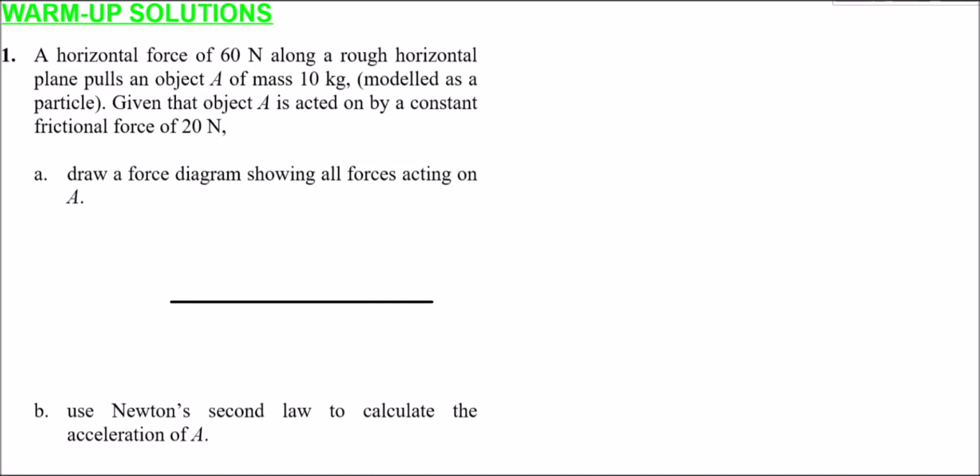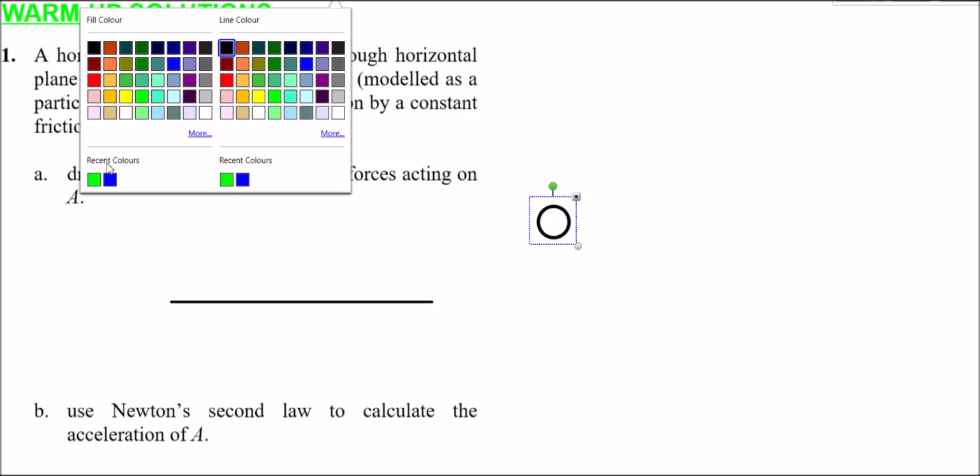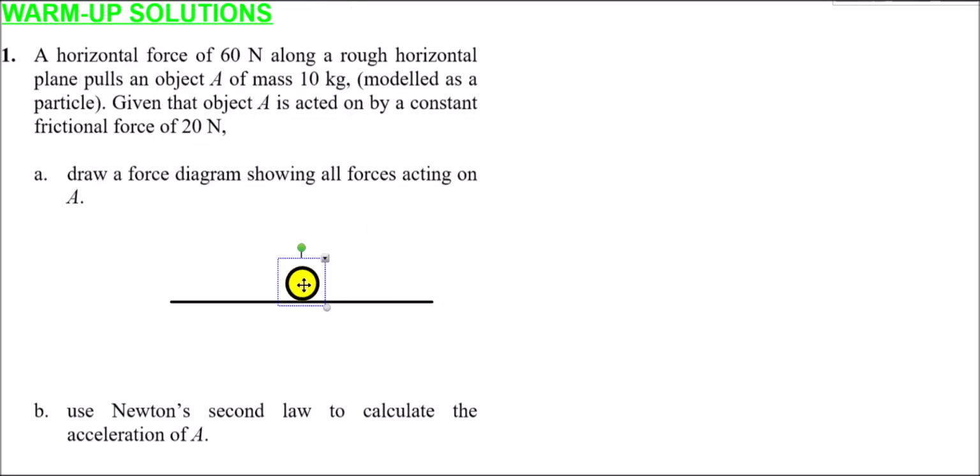So what I'm going to do here is just add in the particle. Fancy colouring this in, actually. I think I'll colour it in a yellow colour. I'm going to put it on the surface like so. Now we can start thinking about the forces acting on this. So it's being pulled along by a horizontal force of 60 newtons.